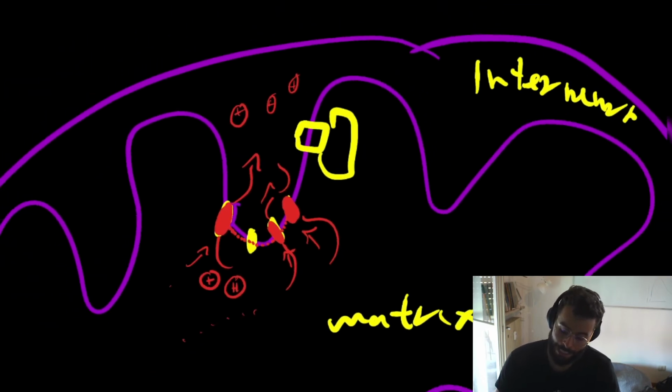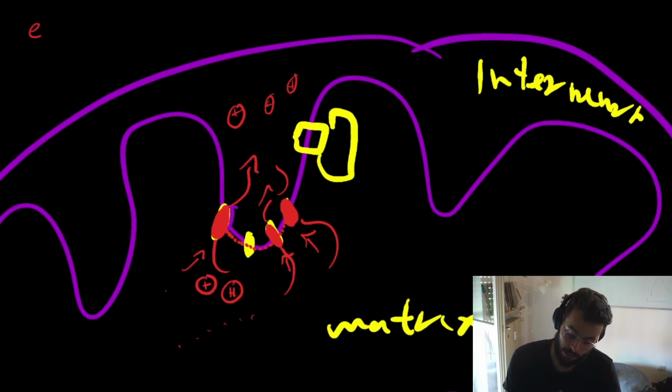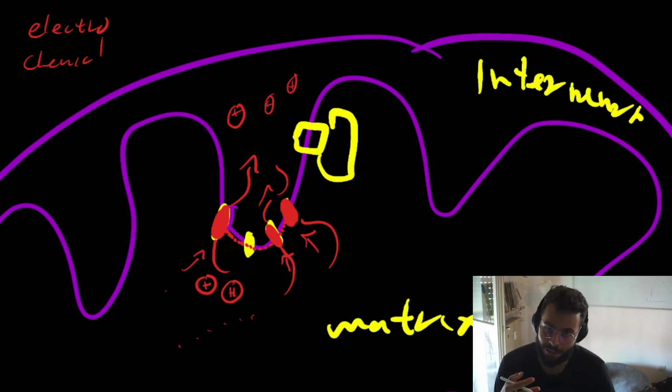We call it an electrochemical gradient because you have the difference in the electrical charge between the two. And we also have the chemical, which is the fact that you have a specific particle, a specific chemical, on one side more concentrated than the other. So we have an electrochemical gradient.